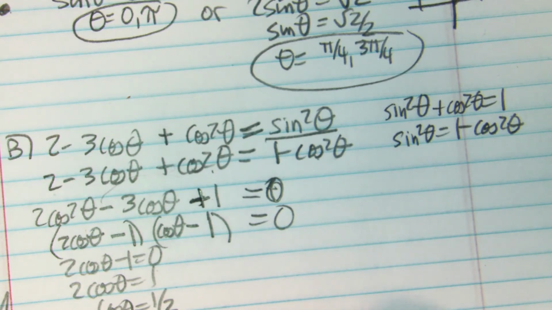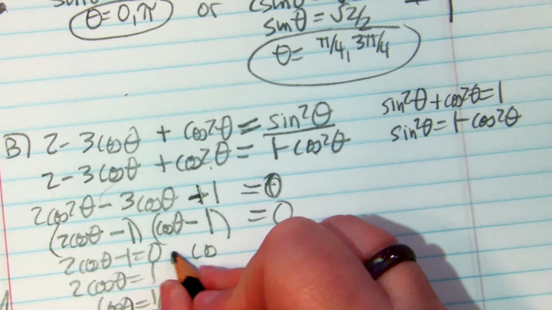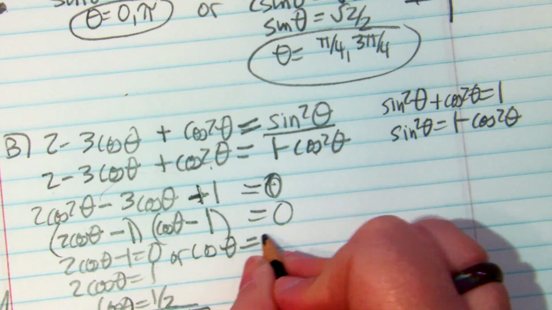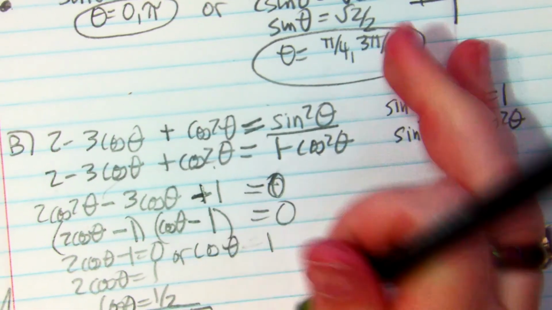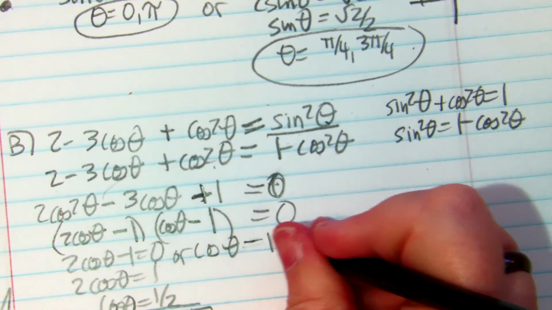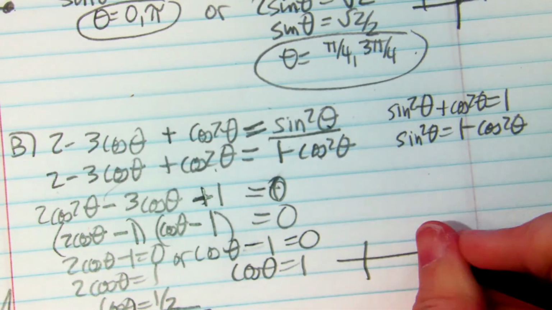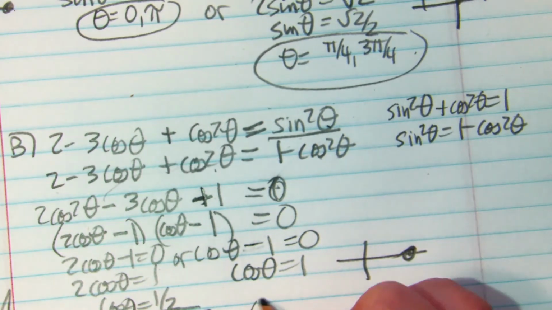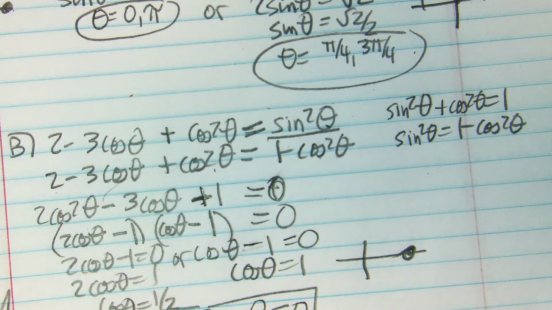You have to know your unit circle. Then the other factor: cosine theta minus 1 equals 0, then cosine theta equals 1. Cosine is 1 right here at 0. Very nice.